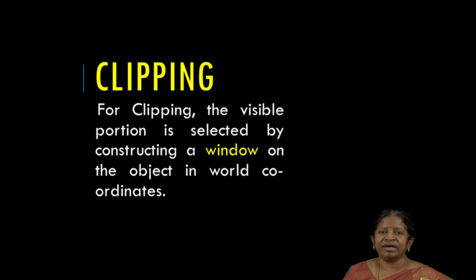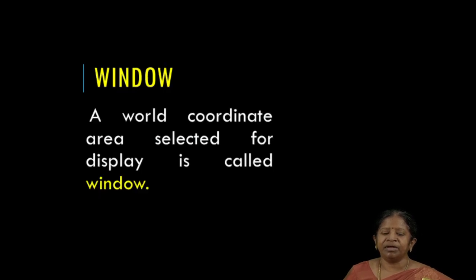Initially, we are constructing the object to be displayed by using a window. That window will be a box that may be of any shape. It may be a rectangle, it may be a circle or any shape, and it is constructed on the object mentioned in the world coordinate dimension.